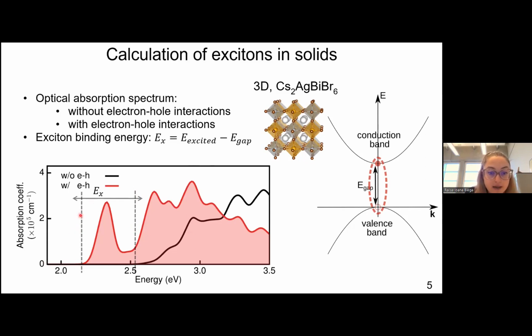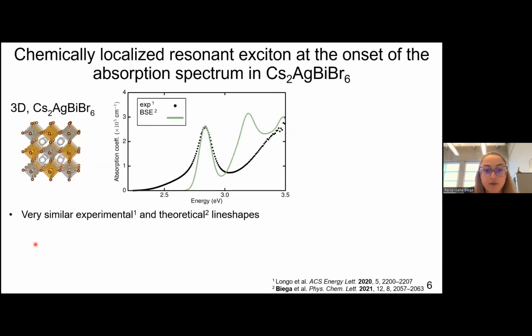So we can now take a closer look at this absorption spectrum for this particular double perovskite. For this, I replotted it in order to compare it with the experiment. This is an experimental absorption spectrum that I got from literature, from this paper down here.